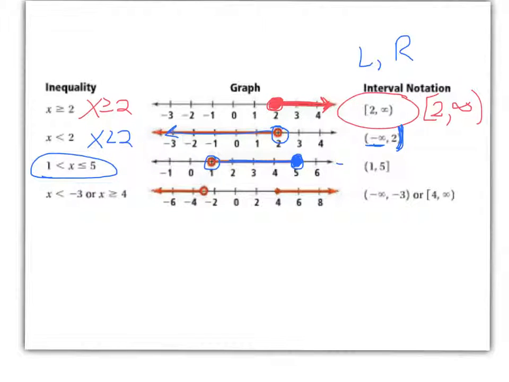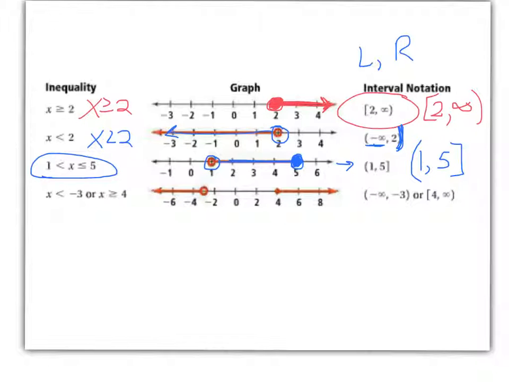So your interval notation has your left boundary, which is 1, and your right boundary, which is 5. Now, you're not including the 1, so that gets a curved bracket, but you are including the 5, so that gets a squared off bracket.